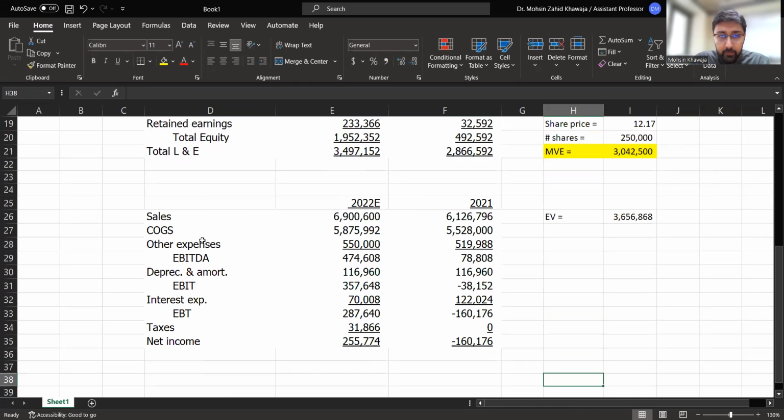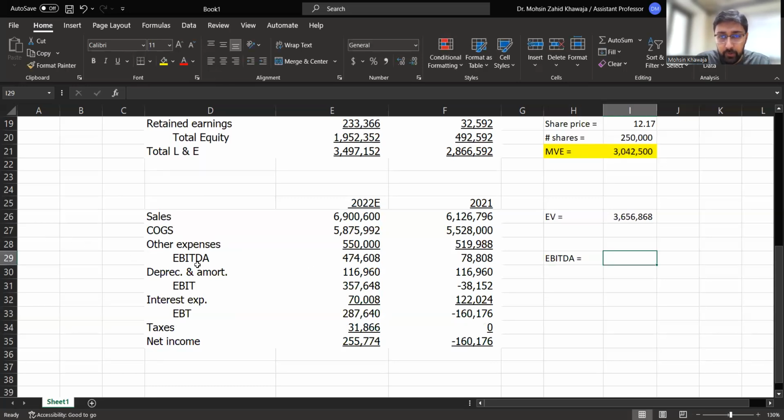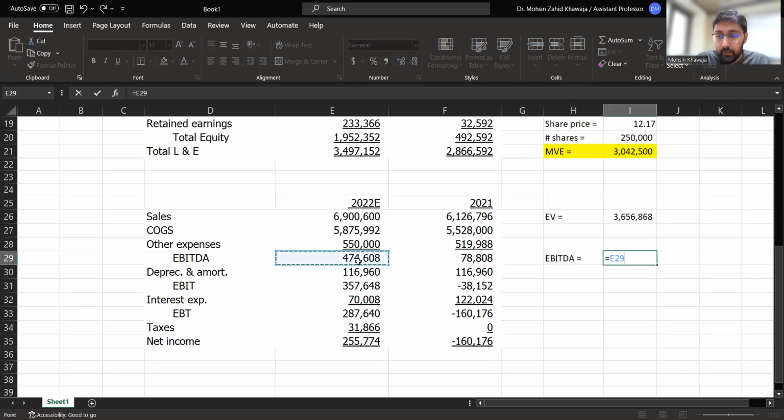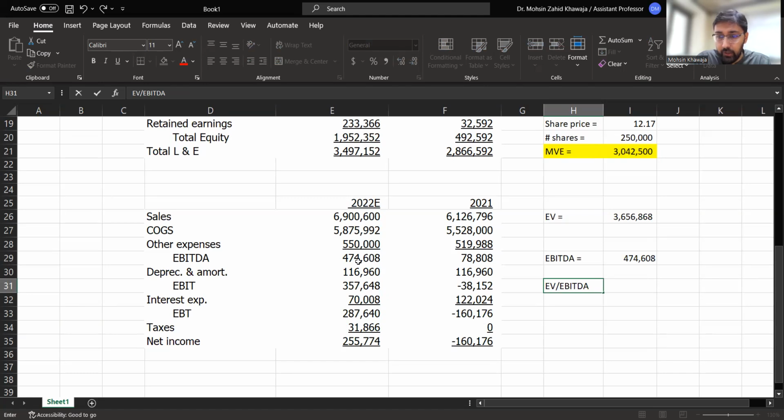And we have to get EBITDA from the income statement, which is right here. So EBITDA is earnings before interest, taxes, depreciation, and amortization. And we don't need to do any calculations to get that number. We have the denominator right here, the numerator right here, and the ratio EV divided by EBITDA will be this number divided by this number.